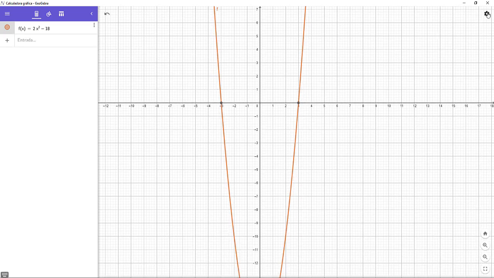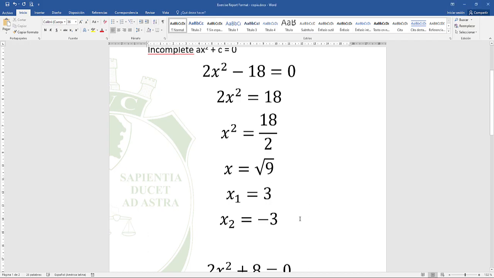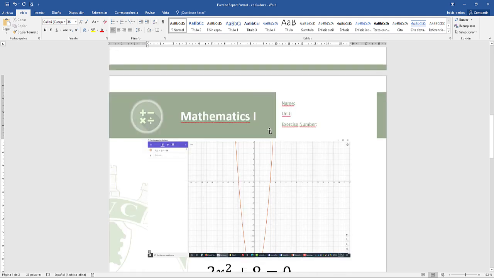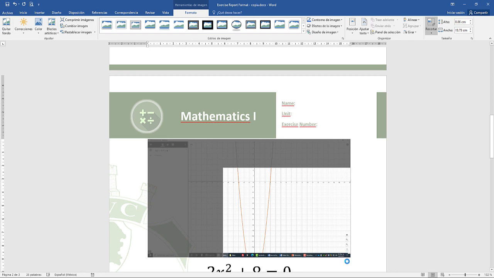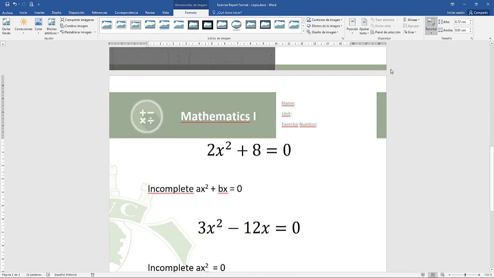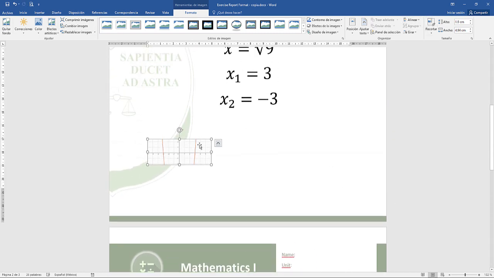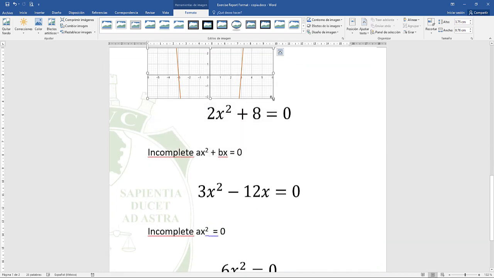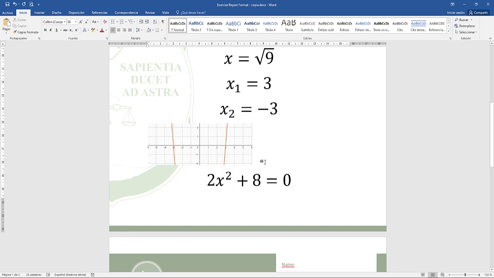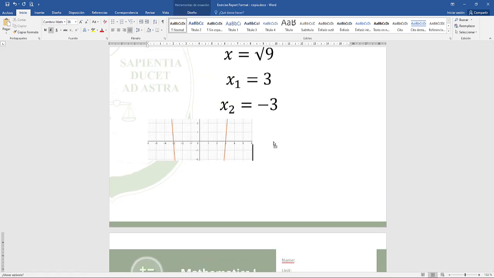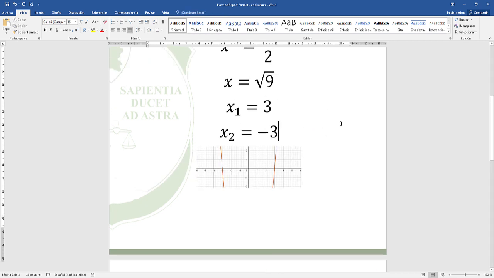Okay guys, you can take a screen capture of that and use it to show the places in which the curve cuts the x-axis.